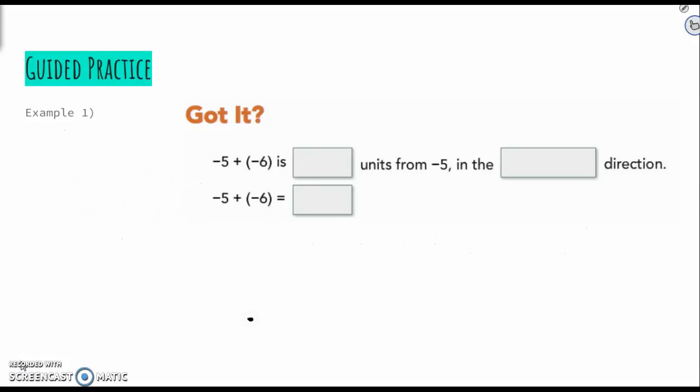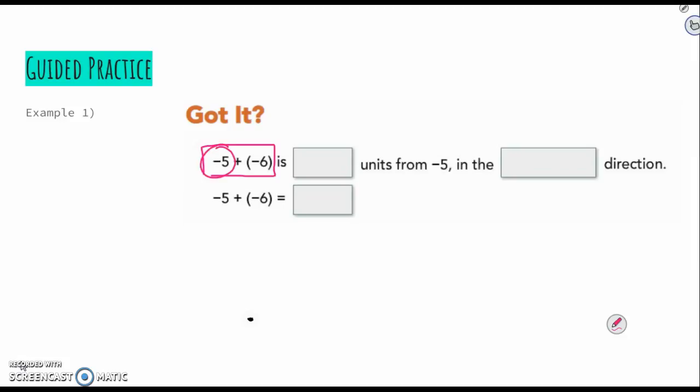Look at this example with me. Negative 5 plus negative 6 is blank units from negative 5 in the blank direction. For this problem, we are just starting by looking at the expression negative 5 plus negative 6. This question asks us how many units from negative 5.